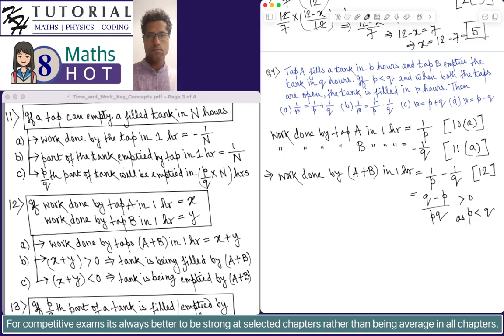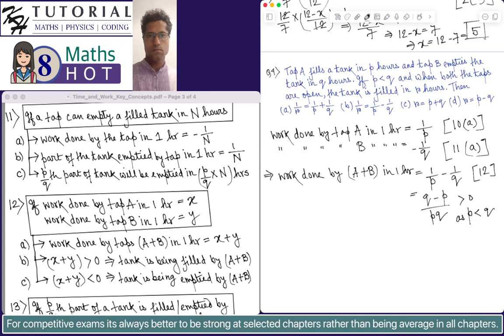So the whole work done by A plus B in 1 hour is positive. This means that per hour the tank is being filled up. Okay, so we have work done by A plus B in 1 hour as Q minus P divided by PQ.